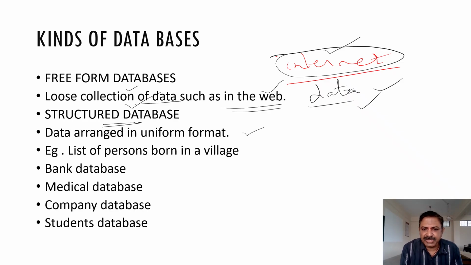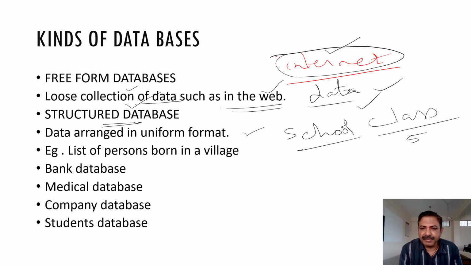For example, if I take a school, in school we have so many children, classes. For example, in class 5, how many students are there, their roll number, their name, their age. Like this, we have the data, their Aadhaar card number.